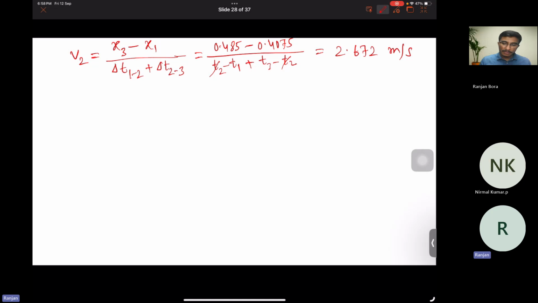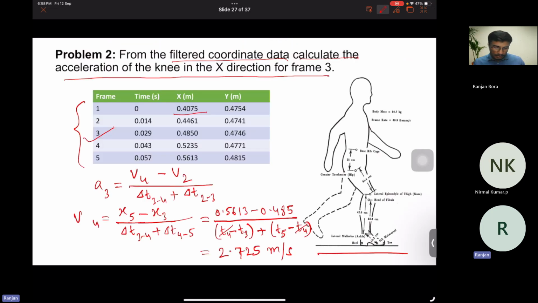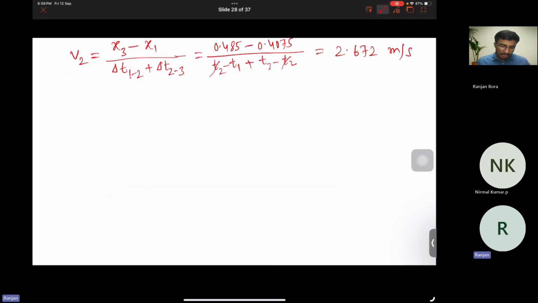So we have got V2 and V4. Now we can use this equation for finding the acceleration for frame 3. So using that equation, V4 minus V2 divided by delta T 2 to 3 plus 3 to 4.